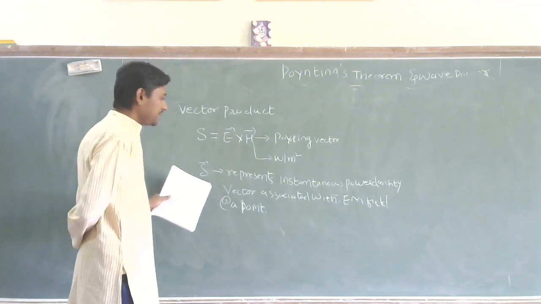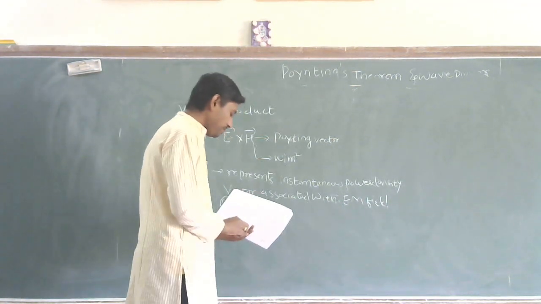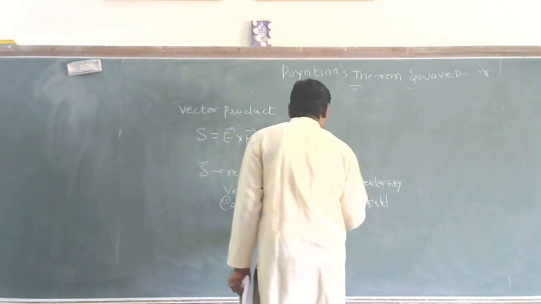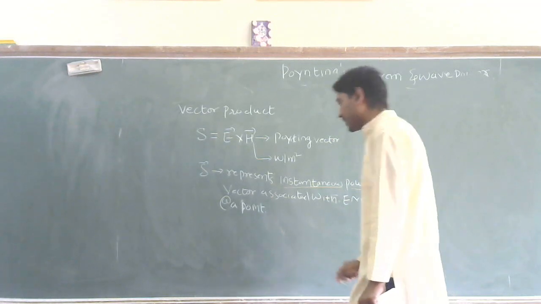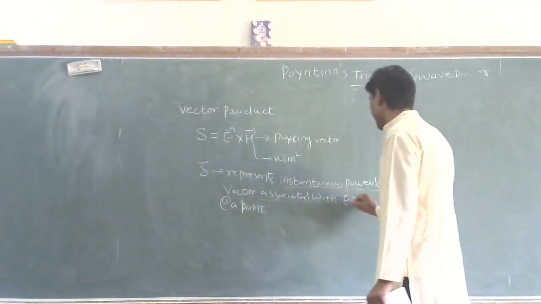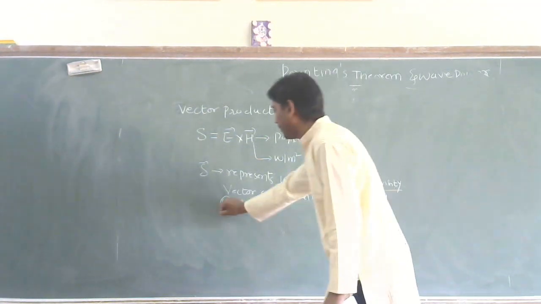And we say that S represents, this is also important, the instantaneous power density vector associated with an EM field at a given point.